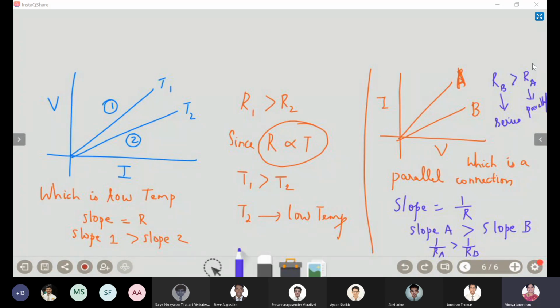For such graph-based questions, practice. Tomorrow's class, shall we practice reasoning and assertion and case-based questions? Yes, ma'am. But I have to do numericals. I feel you people are not comfortable doing numericals on electrical potential energy.